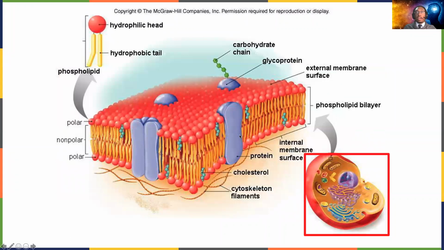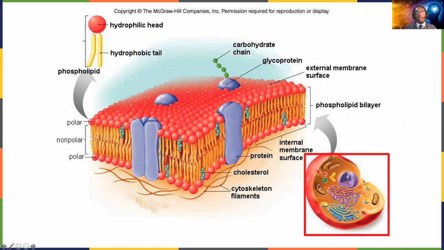To take a closer look at the cell membrane, it's important to know that there is an intracellular side and an extracellular side to the cell membrane. Intracellular obviously would be the inside of the cell, and extracellular being the outside of the cell. We'll be referring to those two parts quite often. It's also important to know that most cell membranes consist of a phospholipid bilayer.